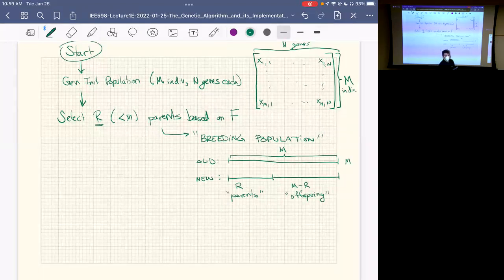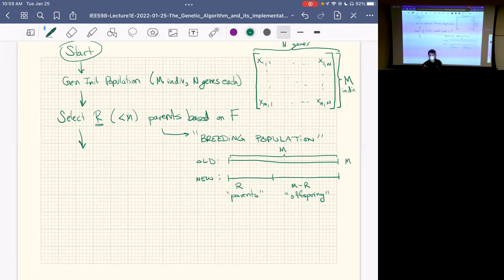So some of the parents hang around. The top performing parents stick around. You can think of the lower performing parents dying off, and the kids of the top performing parents take their place. It's one way to think about it. How we decide those will go into the selection operators that we're about to define.